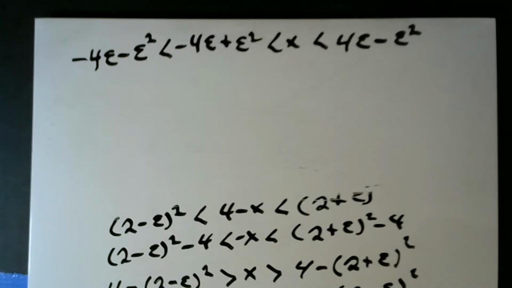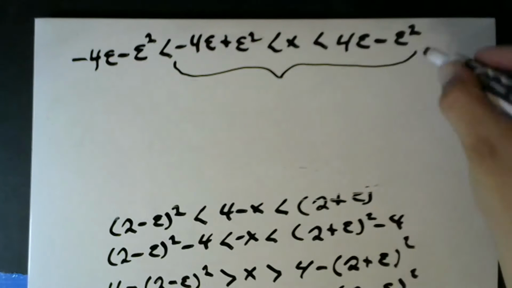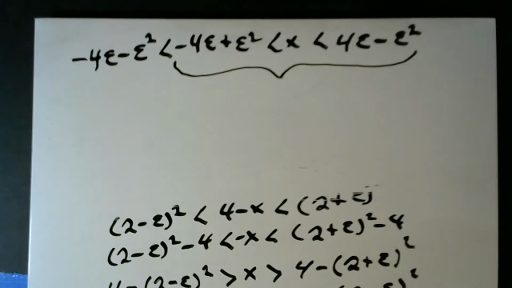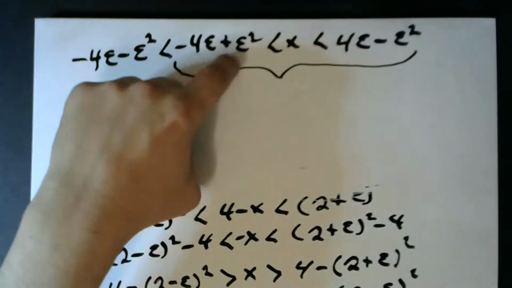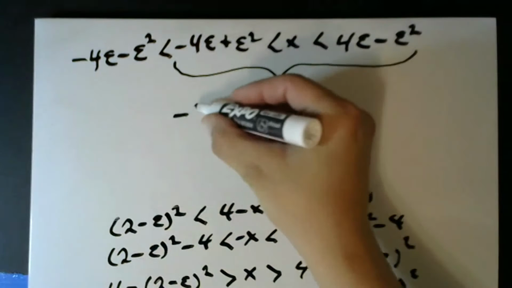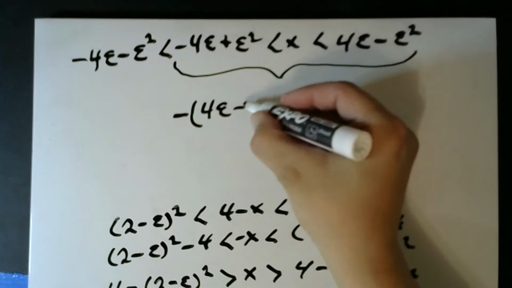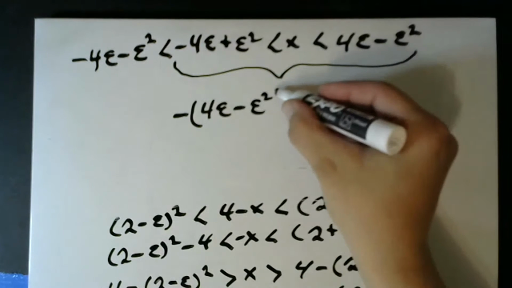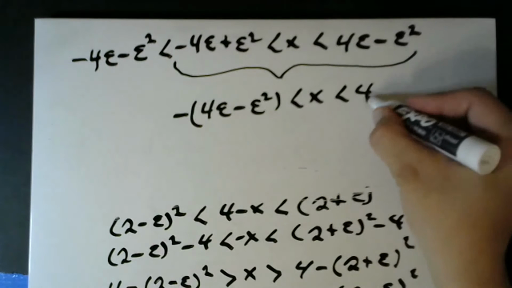Now there's a little algebra trick I'm kind of looking at here. So we're going to focus on this now. The algebra trick is if we factor out a minus here, what we're going to get is this.